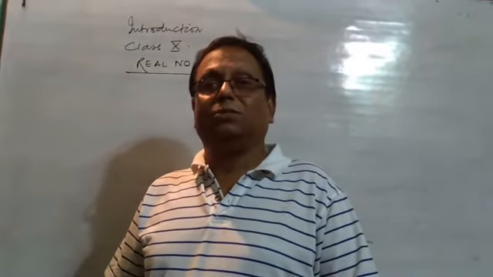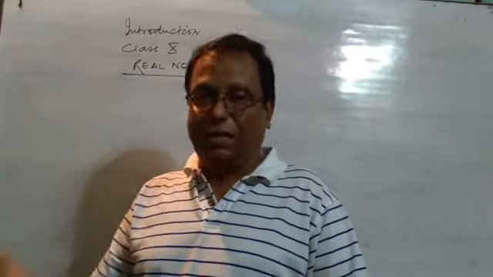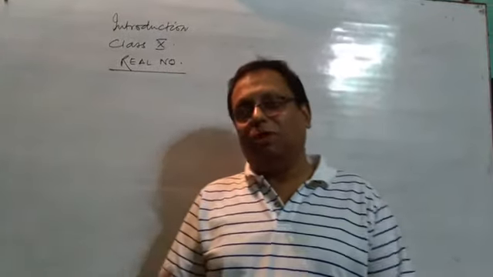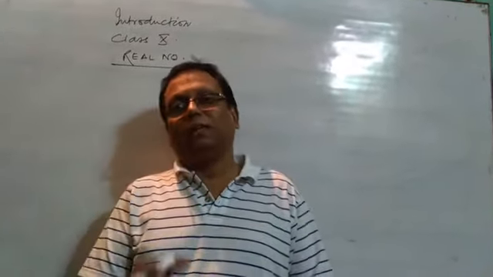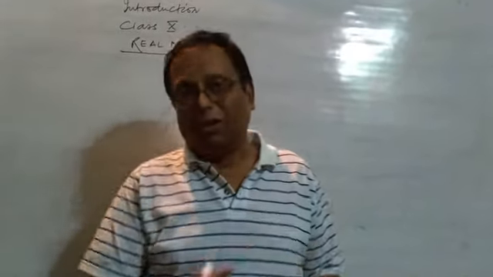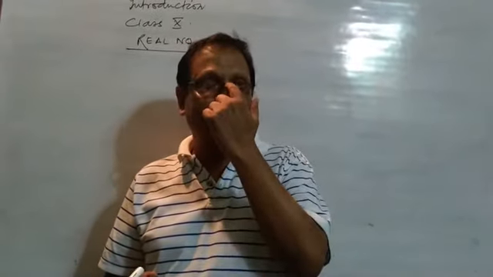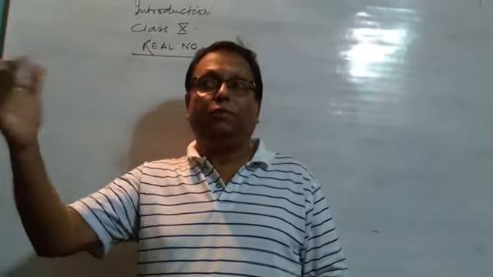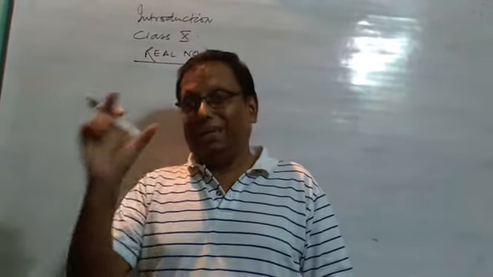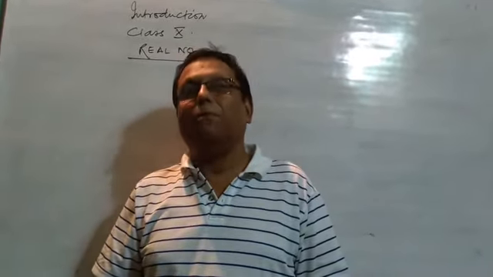Now, here in standard 10, the same thing you have to learn once again. That means we have to recap whatever you have learned in your earlier classes, in your junior classes, along with two different things in the chapter of real numbers.